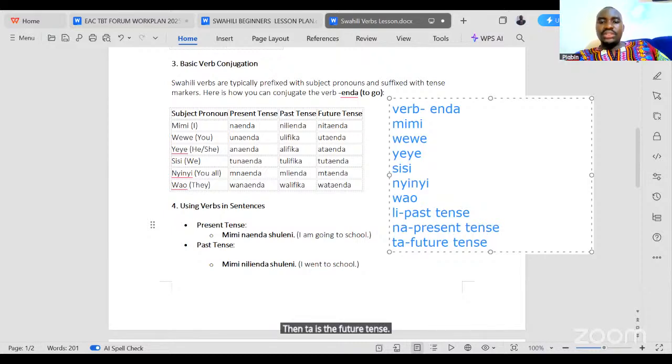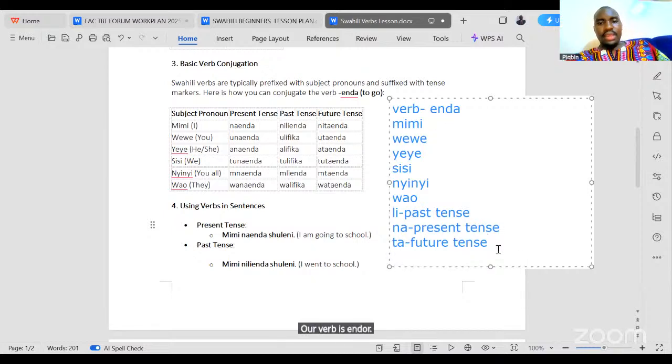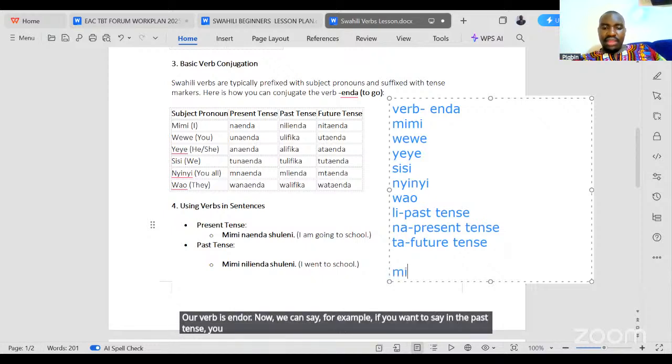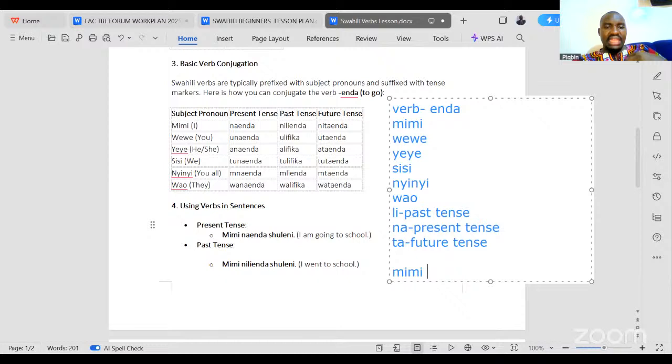So we want to take our verb. Our verb is enda. Now we can say, for example, if you want to say it in the past tense, you will say mimi. The ni is the connotation of the pronoun for the word mimi.